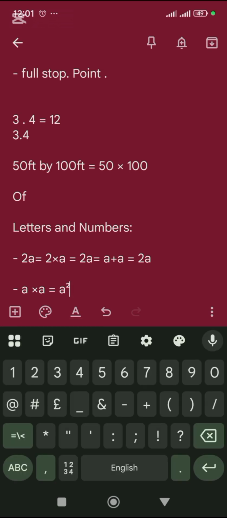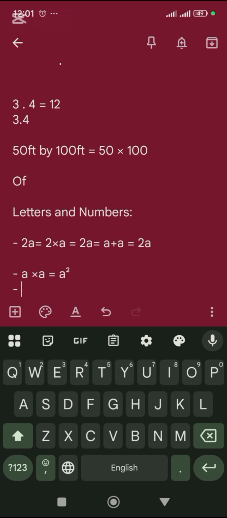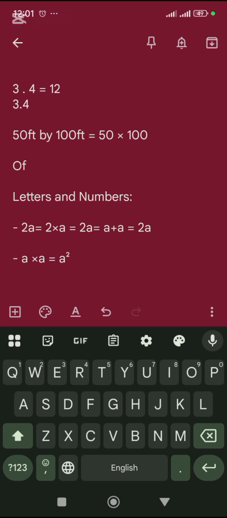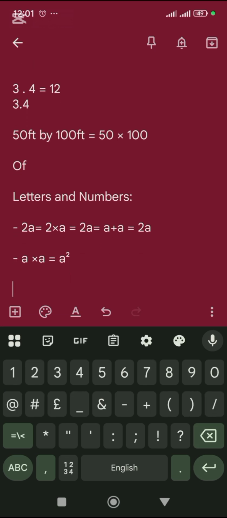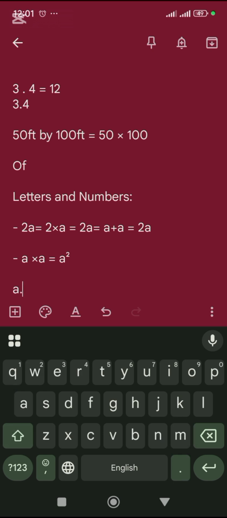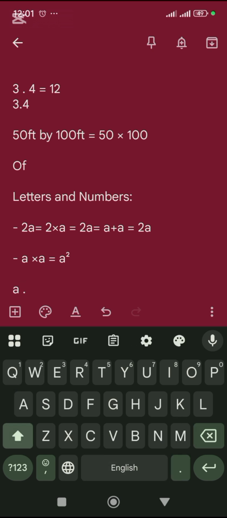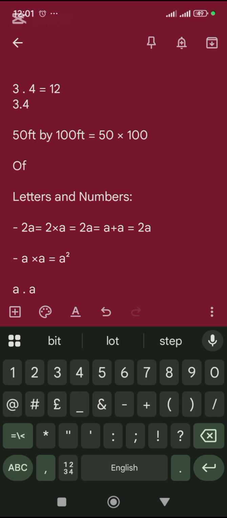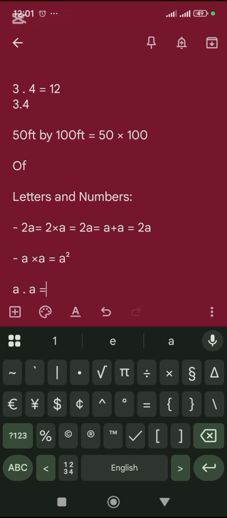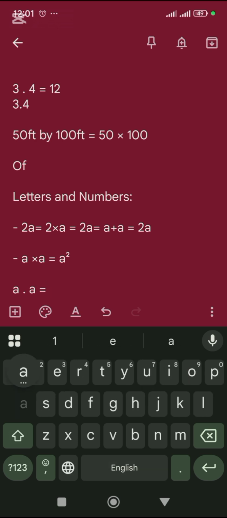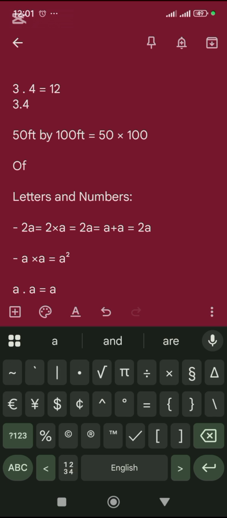That's what a times a means. And so in a case like this, you can have a squared.